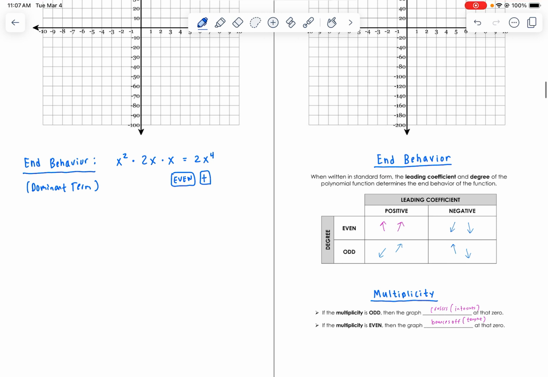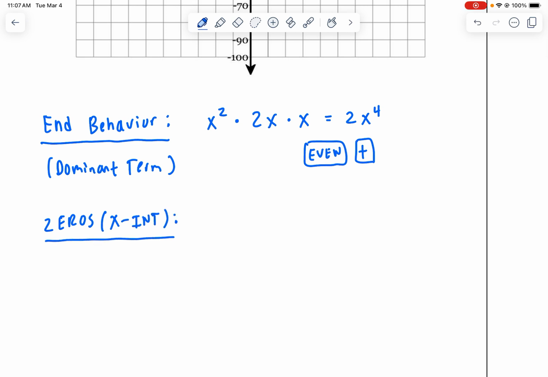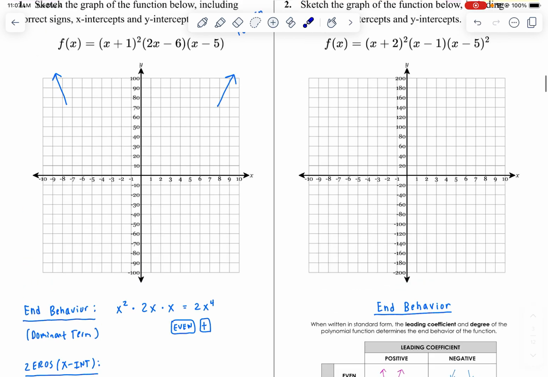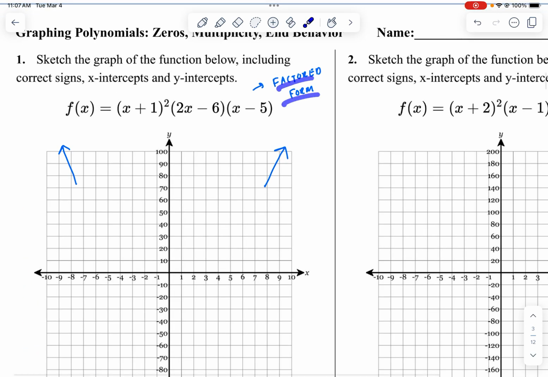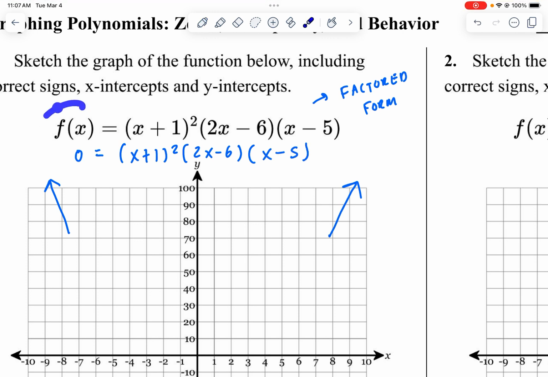Now the next thing I always recommend is to locate the zeros of the graph. Once again, these are the x-intercepts. And what's really nice about this is that, once again, they give it to you in factored form. So the idea is we want to set our f of x equal to 0. Once again, we have zeros when our y value is equal to 0.